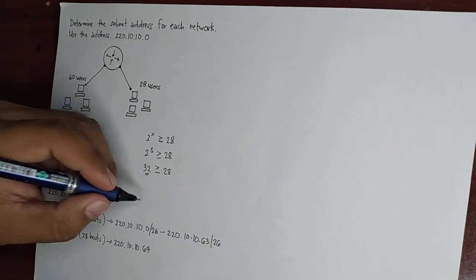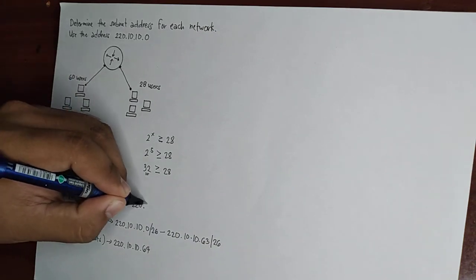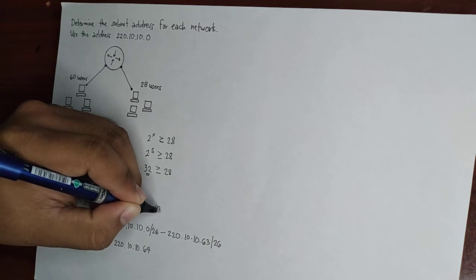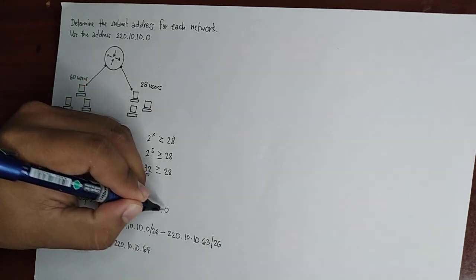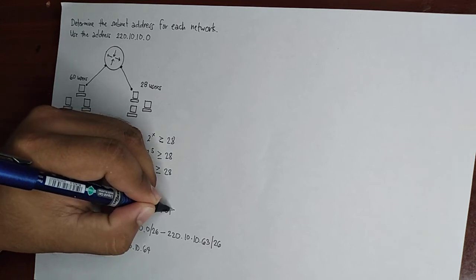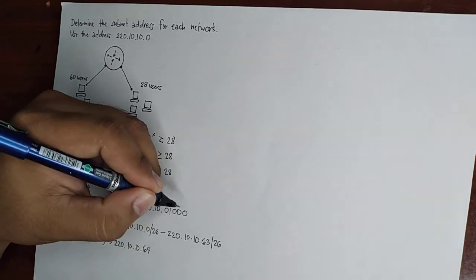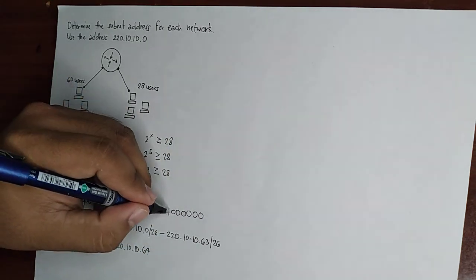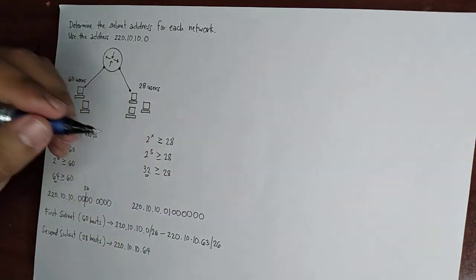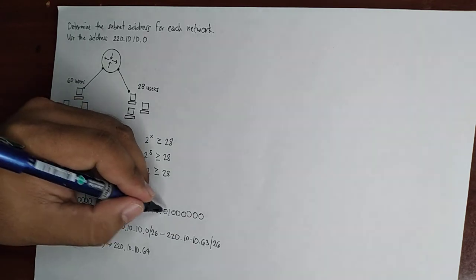From the address given, we have 220.10.10.64. What is 64 in binary? That is 0, 1, 0, 0, 0, 0, 0, 0, so 8 bits. That's our .64.